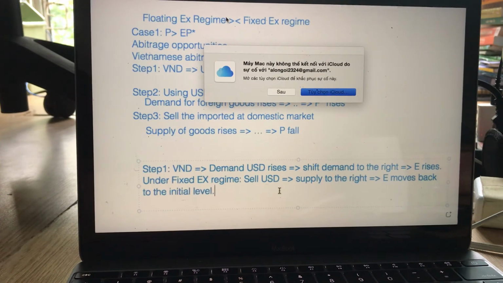Okay, so in the fixed exchange rate, there's no change in the exchange rate after this intervention.